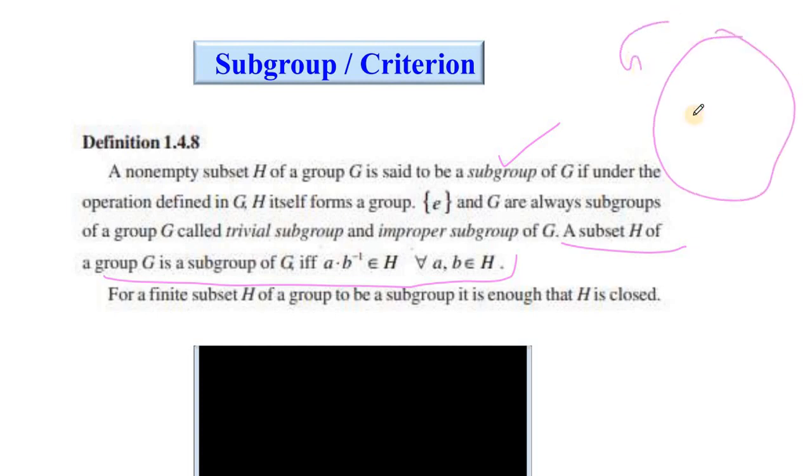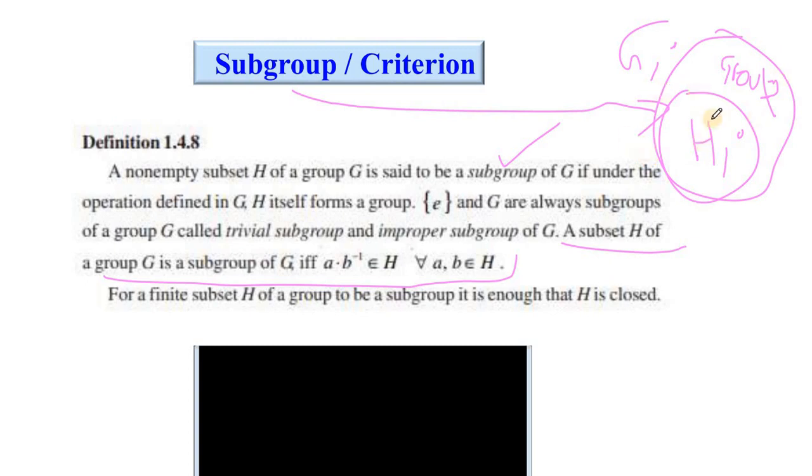You have a group G, and in that you have H as a subcollection. When do you say that this subcollection is a group? Under the same operation, if this itself forms a group, then you call that a subgroup.